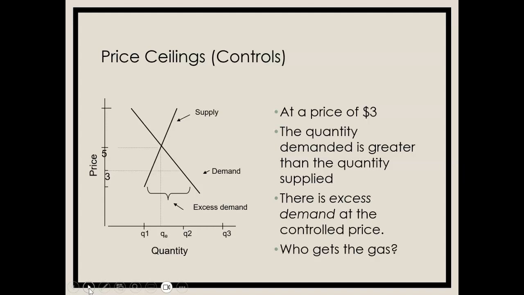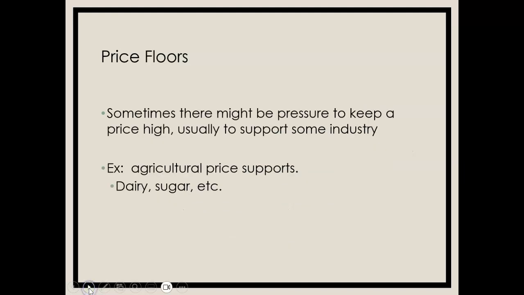You couldn't buy aluminum foil or gasoline or anything unless you had a ration coupon as well as your money. Now there ended up being a black market in ration coupons, so people ended up having to buy ration coupons on the black market at higher prices, and so it really didn't work out very well. But you can see the basic problem here is that you have excess demand at the ceiling price.